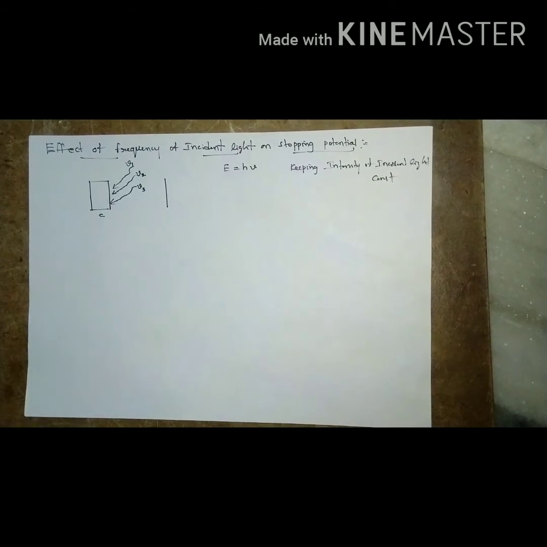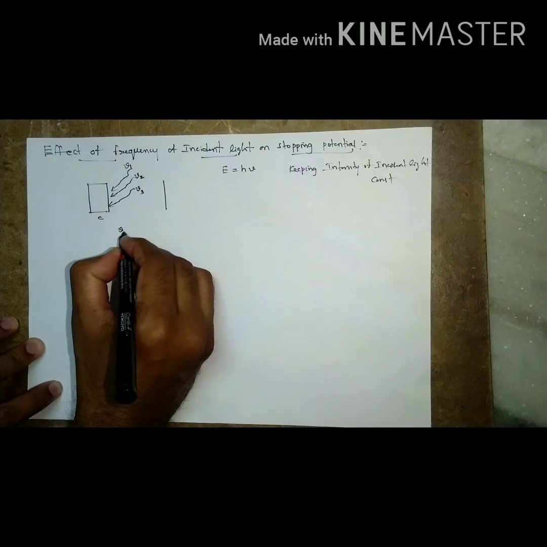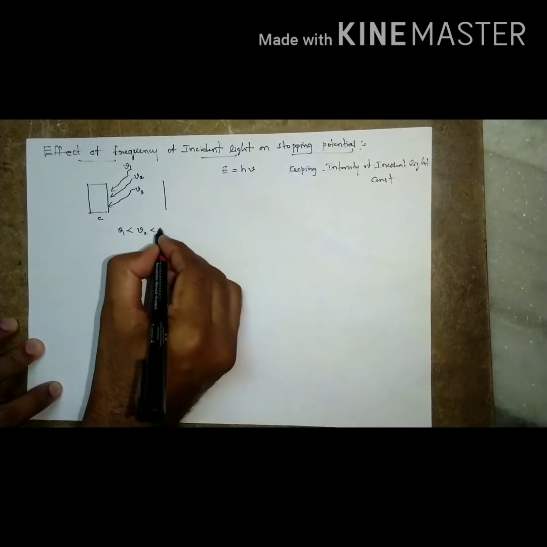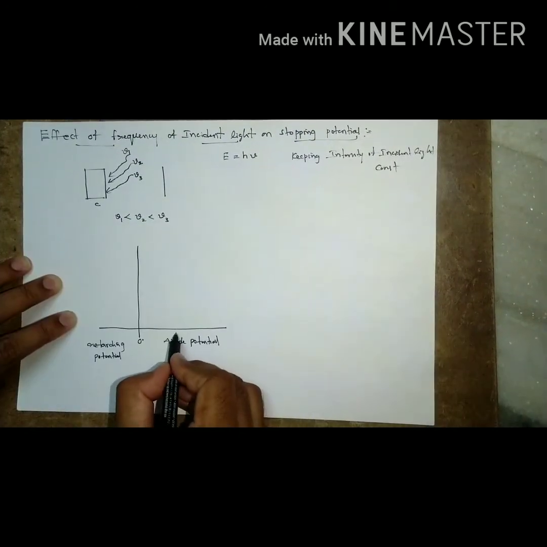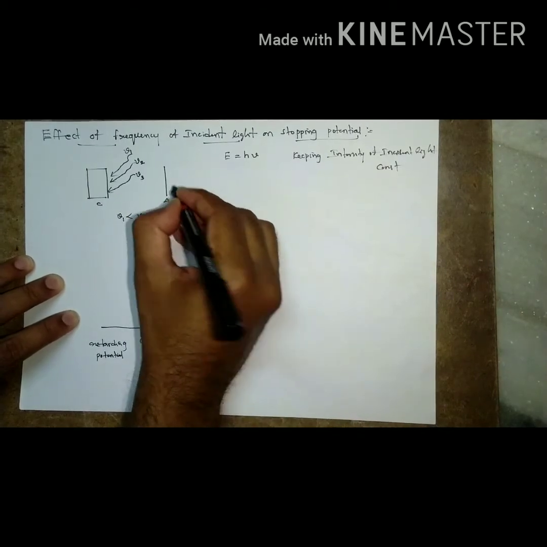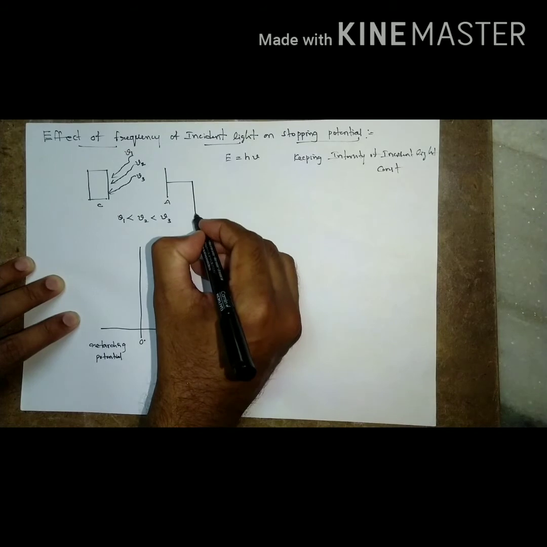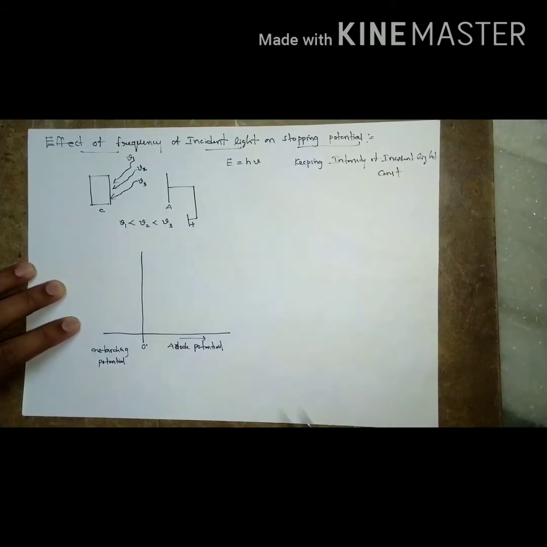Suppose nu1 is less than nu2 is less than nu3. This is the anode potential. The anode is connected to, suppose, the battery positive terminal by using a potential divider.